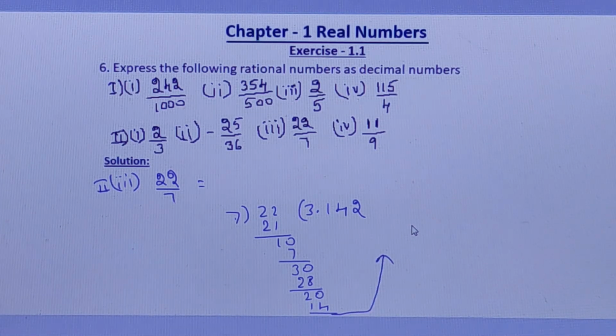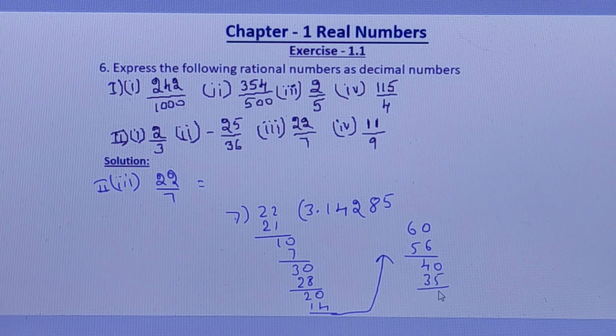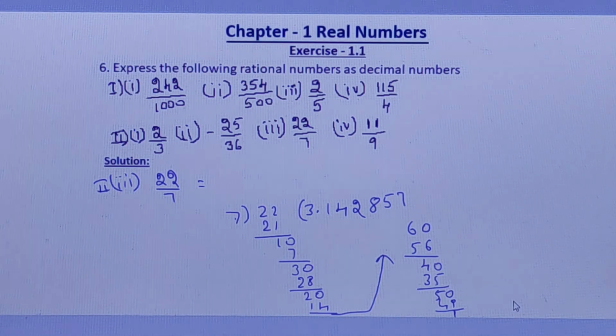Remainder is 6. So 0. 7 8s are 56. 4 is the remainder. One more 0. 7 5s are 35. 5 is the remainder. One more 0. 7 7s are 49. What is the remainder? 1. Right? 1 is the remainder.